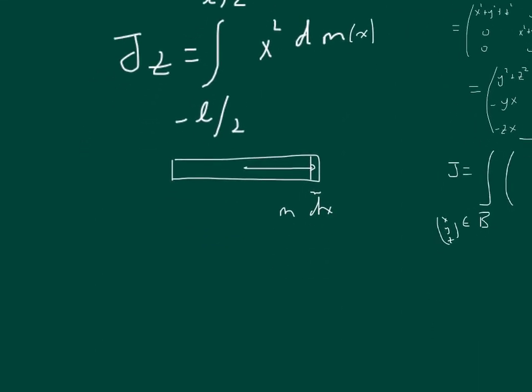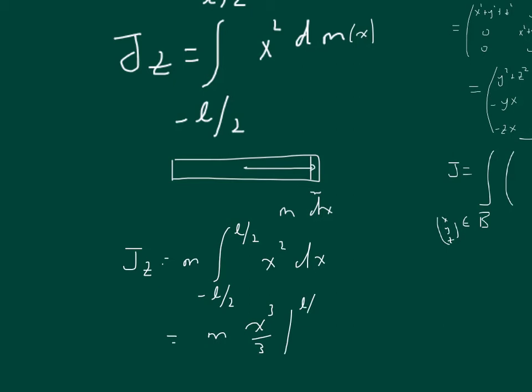So Jz, we can pull the m outside, the integral from minus L over 2 to L over 2 of x squared dx. And of course that is going to be mass times x cubed over 3, evaluated from minus L over 2 to L over 2.